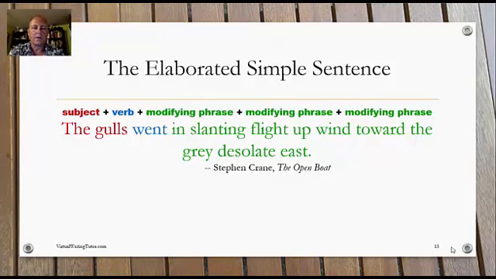Stephen Crane, our author, has decided to add a number of different modifying phrases to the end of the sentence to elaborate the simple sentence into something quite long, but still very well written. And you can too.